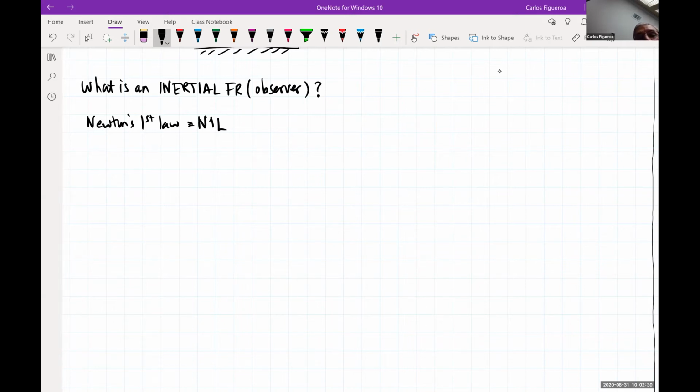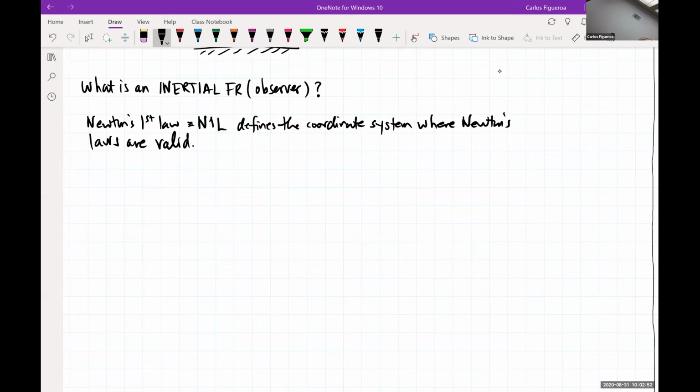Newton's first law defines the coordinate system where Newton's laws are valid.